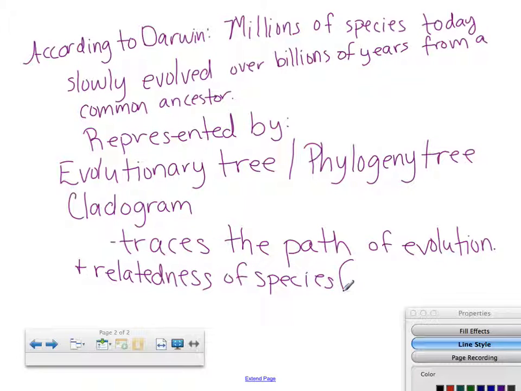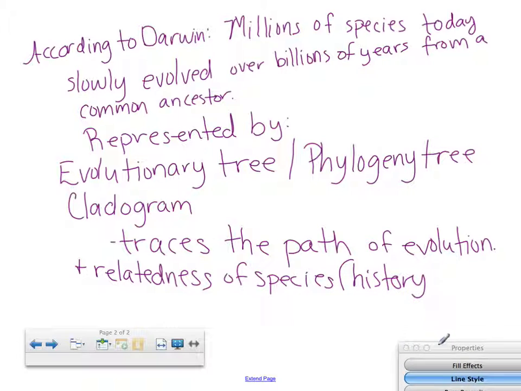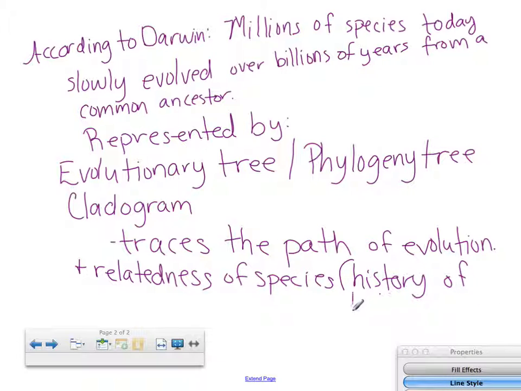And so basically this is the history of lineage. Kind of like when you do a family tree, you go all the way back down. But this would be a history of lineage and its evolution, how things have evolved. And again, these are theories. So some of these trees that you see, like, how is that possible? They may use the way that the hands were made or the way that the feet were developed and things of that nature.